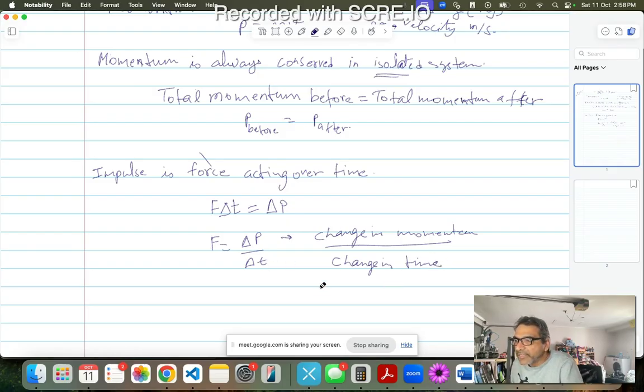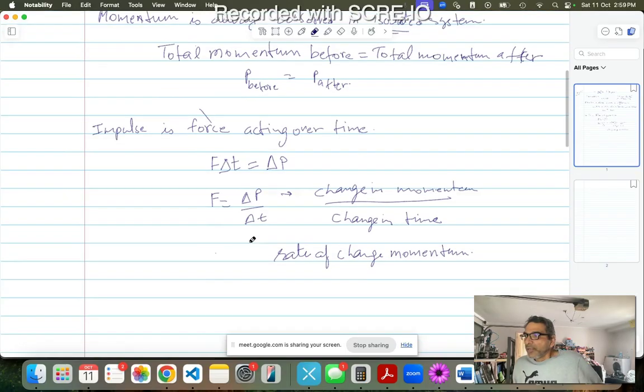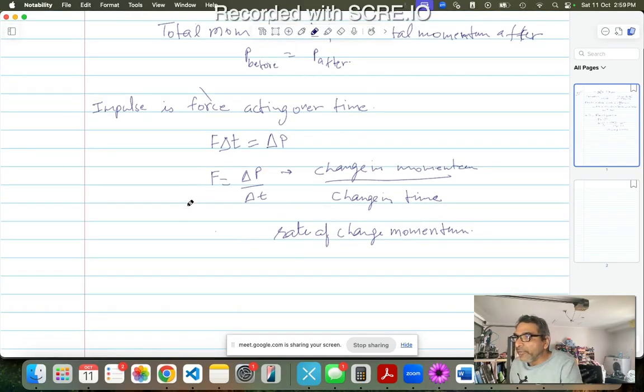And this is equivalent to what we call the rate of change of momentum. So that is the applied force, we can say. All right, these two will eventually lead us to further questions, which we will see now.